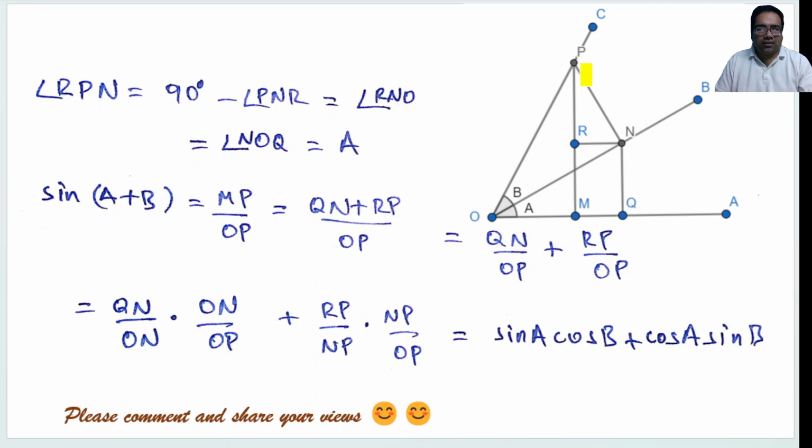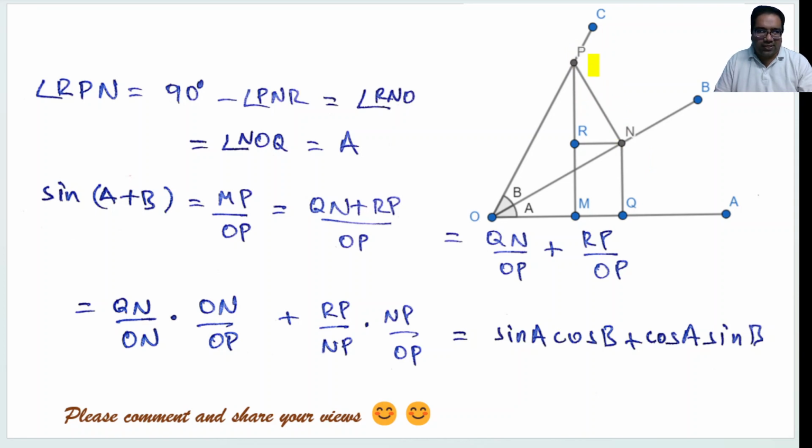Now, this is a perpendicular to this, which means this is also a perpendicular to this. So this angle is 90 degrees, and this angle is 90 degrees. Now, let's draw a perpendicular from this point.